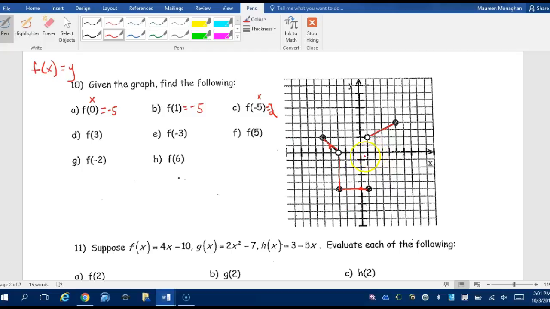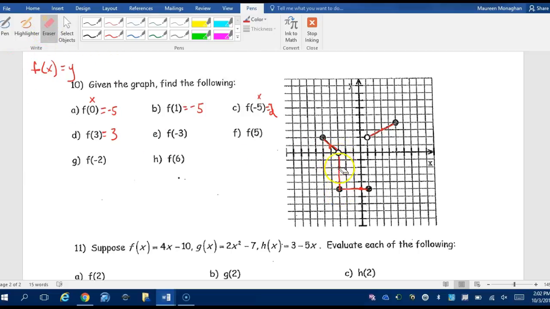All right? F of 3 means x is 3, what is y? 1, 2, 3, go up to 3, and it's this point here, and that would be at 3. When x is -3, 1, 2, 3, what is y?